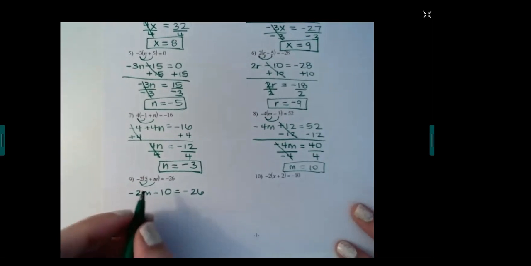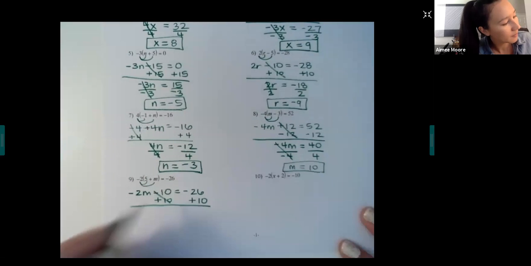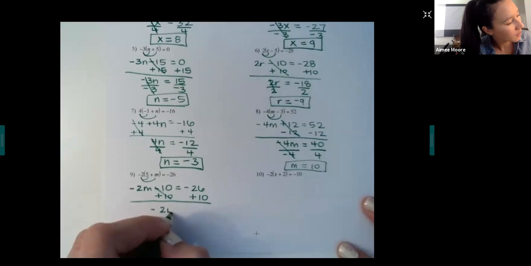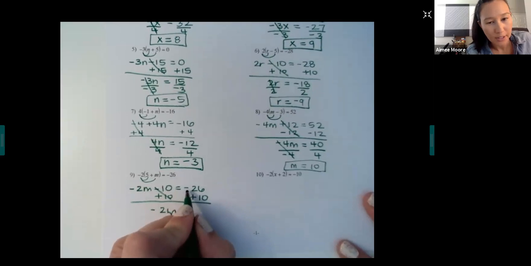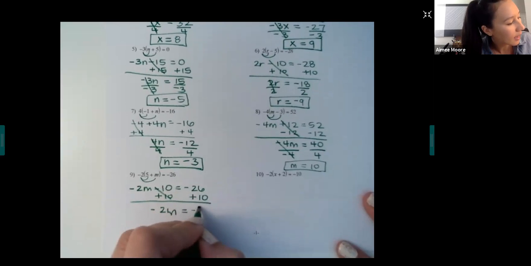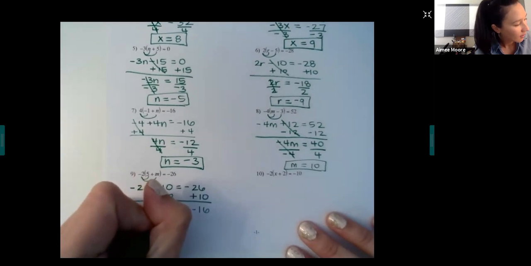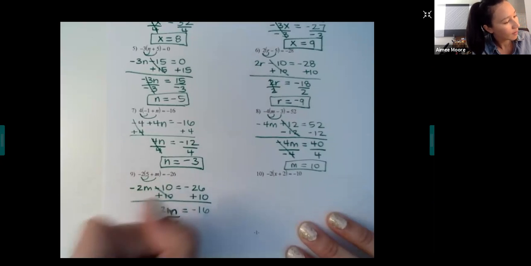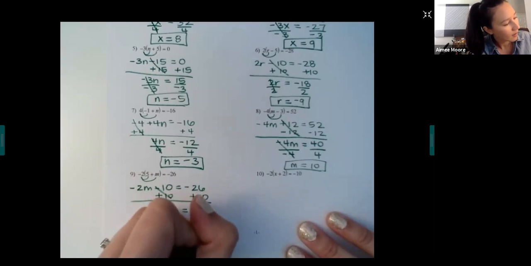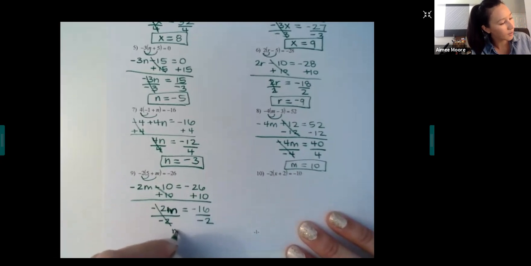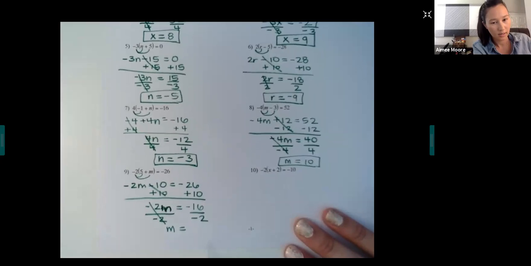Then we have -26 and we add 10, so 60. Then you divide both sides by -2, and so m equals 7. No, 8. Very good.